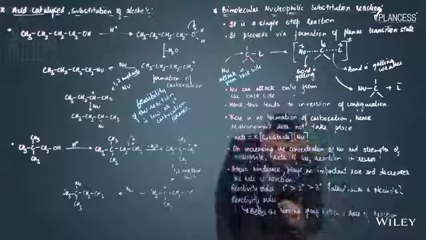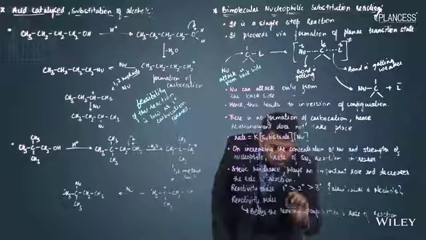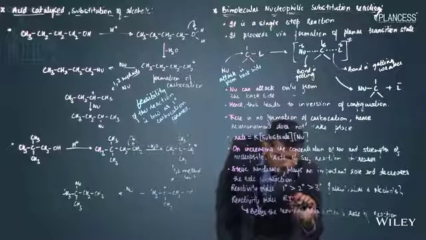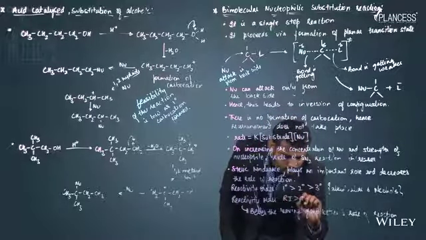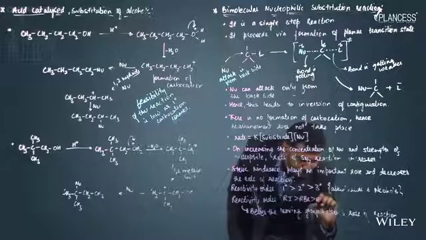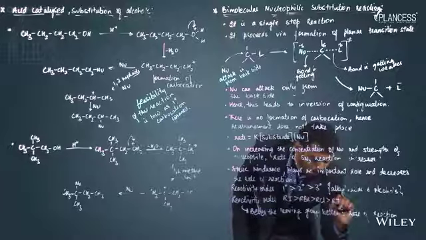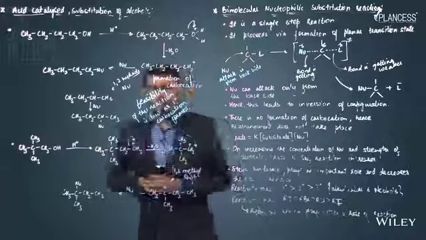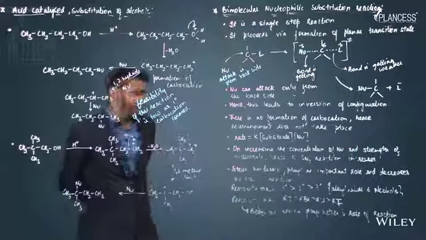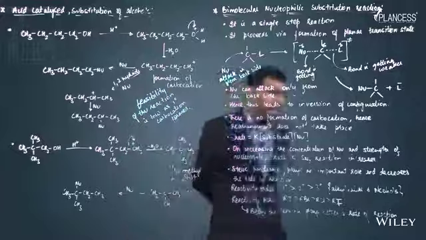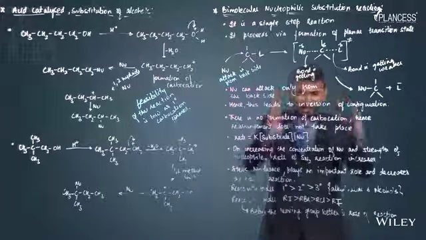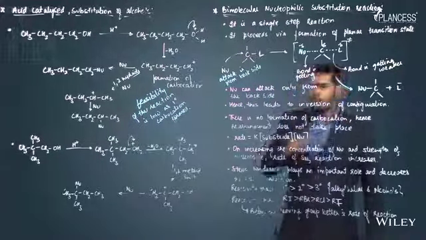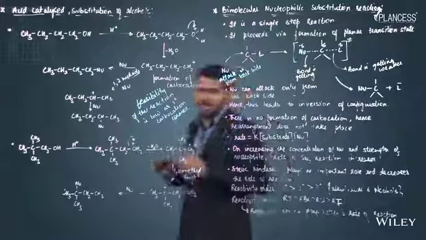So basically this is going to be the order of the reaction. Why is this the order? Again the same thing, I minus is a better leaving group, then Br minus, then Cl minus and F minus. So this is nothing but bimolecular nucleophilic substitution reaction, or SN2 reaction.